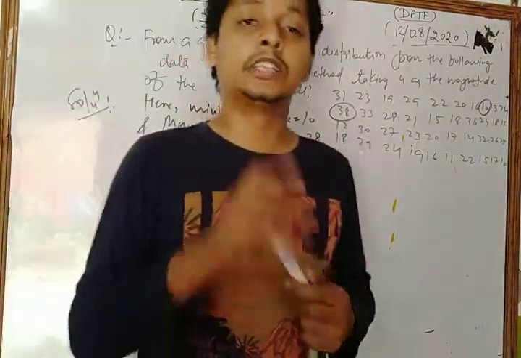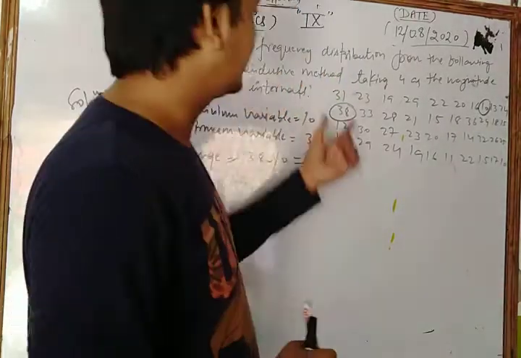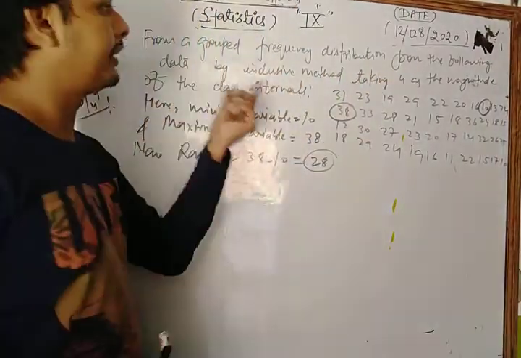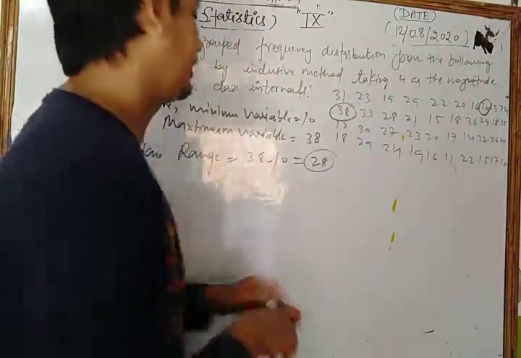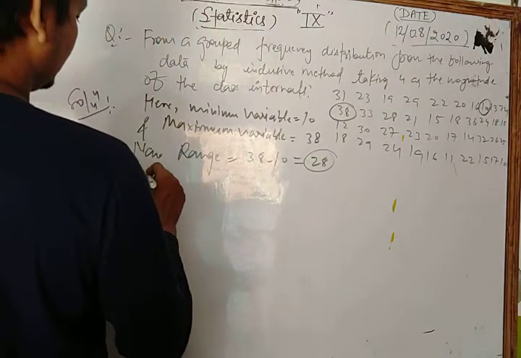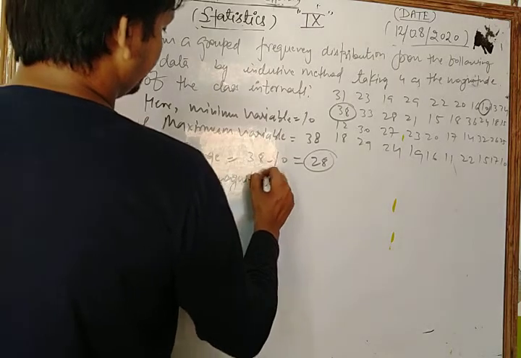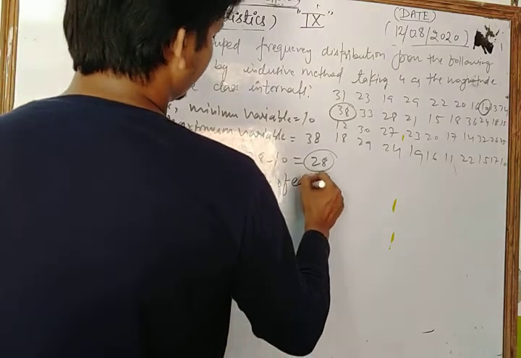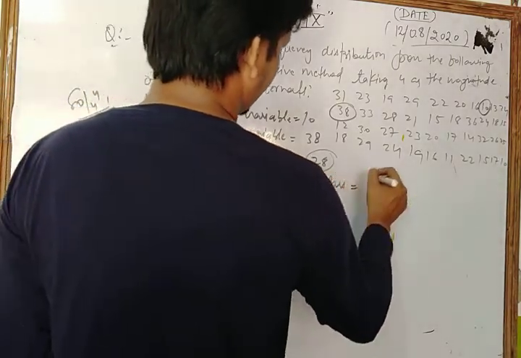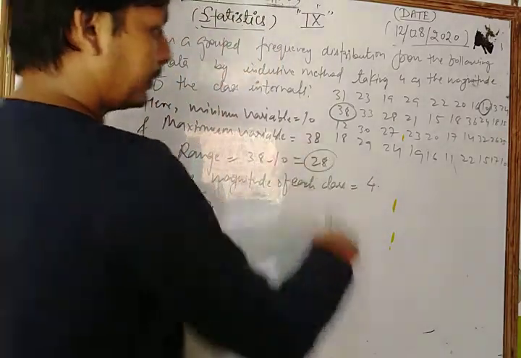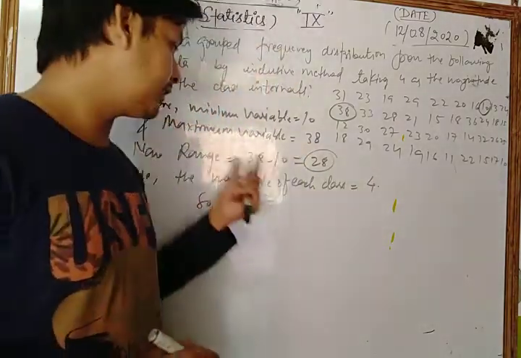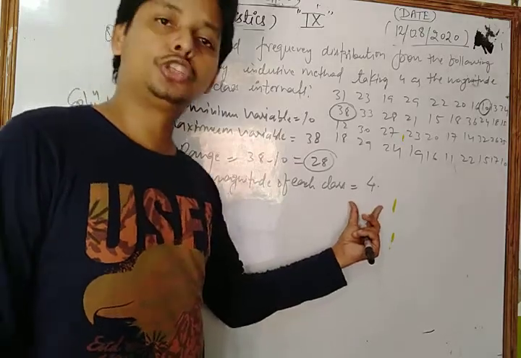Now dear students, the magnitude of each class is 4, as given here. So to get the number of class intervals, we must divide the range by the magnitude of each class.